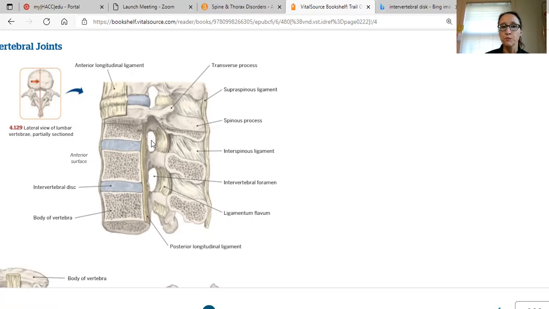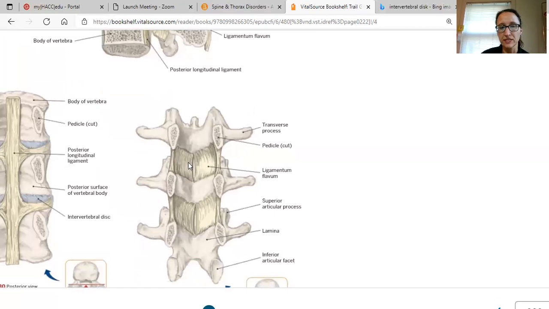But without this space here, those exiting spinal nerves are compressed, and that causes pain and dysfunction to whatever is down the line on that nerve, okay? So these ligaments are really important to help stabilize and maintain the space for those exiting spinal nerves.